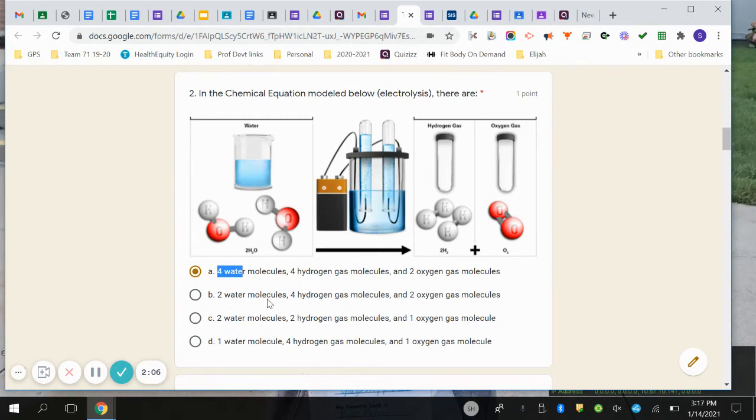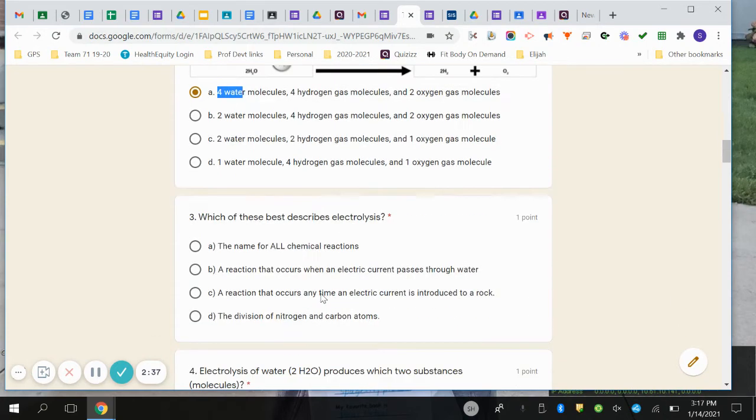B, 2 water molecules, 4 hydrogen gas molecules, and 2 oxygen gas molecules. C, 2 water molecules, 2 hydrogen gas molecules, and 1 oxygen gas molecule. Or D, 1 water molecule, 4 hydrogen gas molecules, and 1 oxygen gas molecule. Okay, so you're looking at these different equations and determining which one has which.